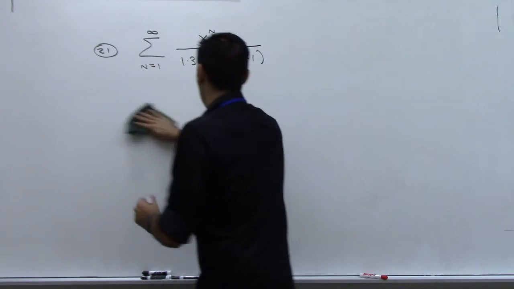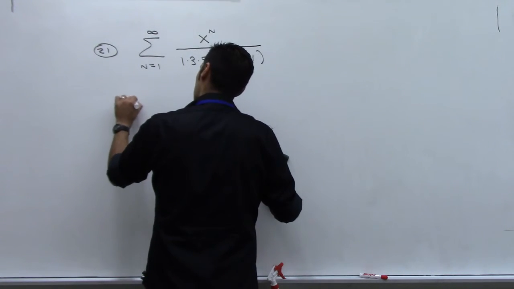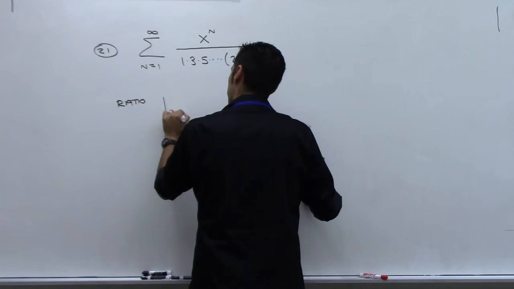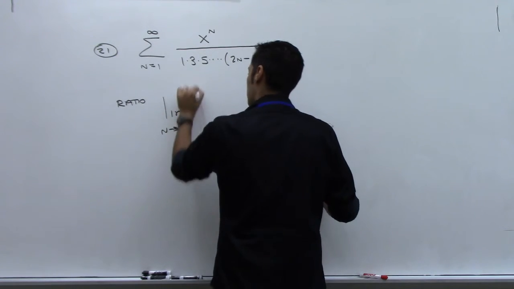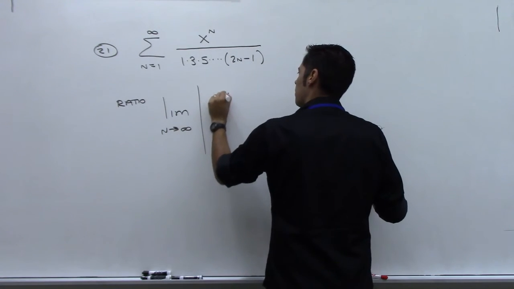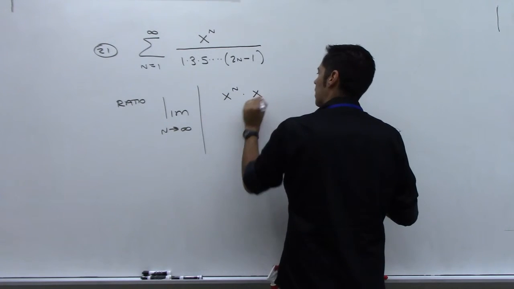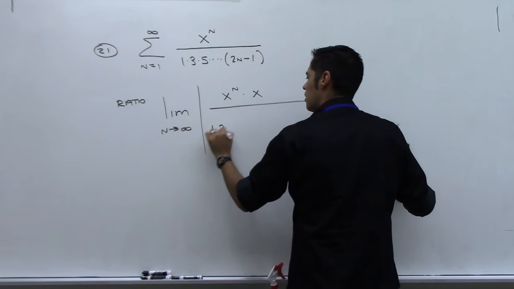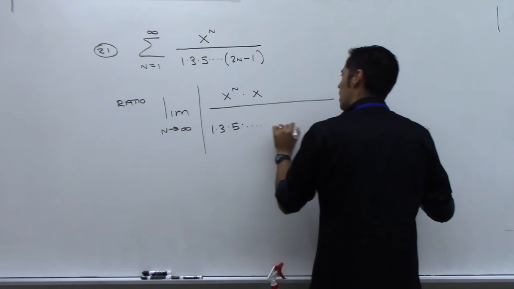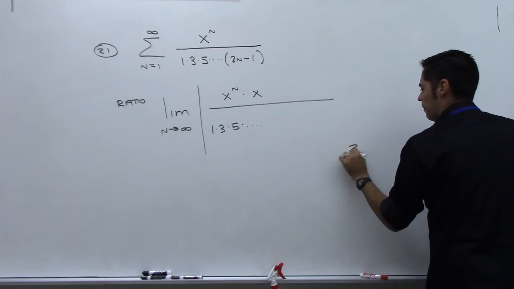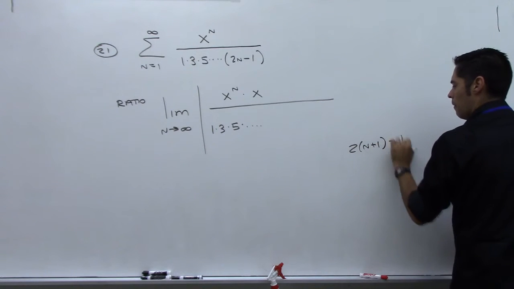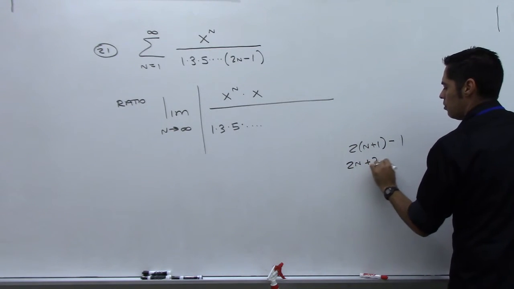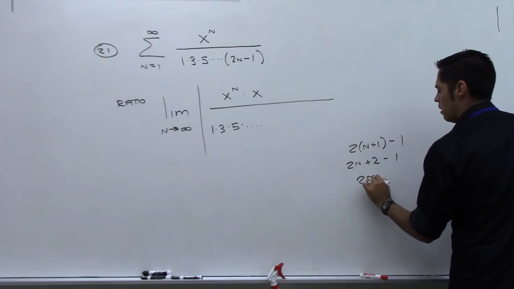So now I'm going to do a ratio test, but I have to be kind of careful with it. Limit, n goes to infinity. The top's pretty clear: x to the n times x. That's what happens when I plug in n plus 1. But down here, 1 times 3 times 5 times dot dot dot, I have to plug n plus 1 in there. So I get 2n plus 2 minus 1, which is 2n plus 1.